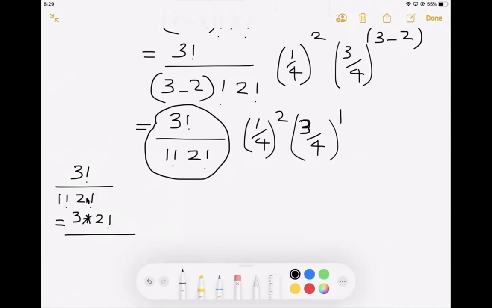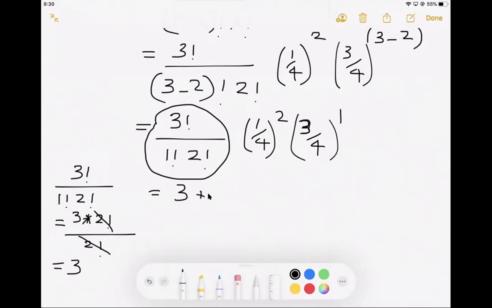I write up to 2 factorial because in the denominator we have 2 factorial. Then you can cut like this. Got it? Now what is the answer? 3. So the answer for this factorial part is 3. It's very easy. So always write, simplify, then you can cut.